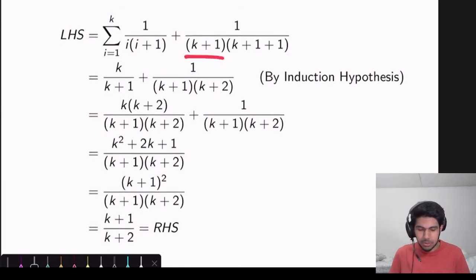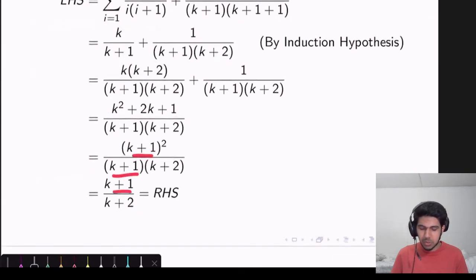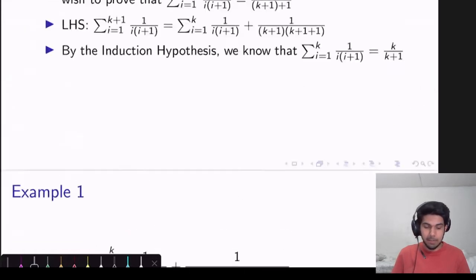This goes k plus 1, this is k plus 2, and then we're going to do a common denominator, so multiply this by k plus 2 over k plus 2, and then multiply this out and combine it with this fraction. We have k squared plus 2k plus 1. The numerator factors into k plus 1 quantity squared, and then we can cancel one of these. We get k plus 1 over k plus 2, and that's equal to the right-hand side.